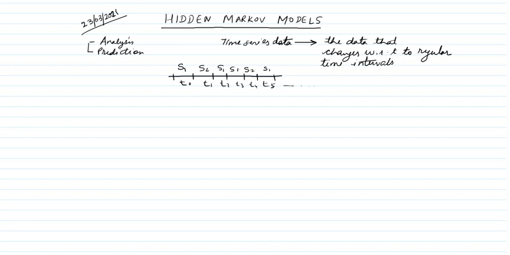Day 1 could be rainy, day 2 could be sunny, day 3 could be rainy, day 4 could be rainy, day 5 could be sunny, day 6 could be rainy. So each day there is some kind of weather, and that is changing at random, right?